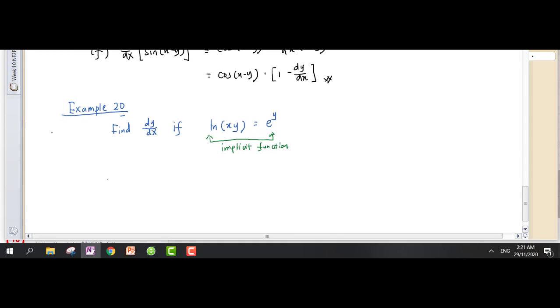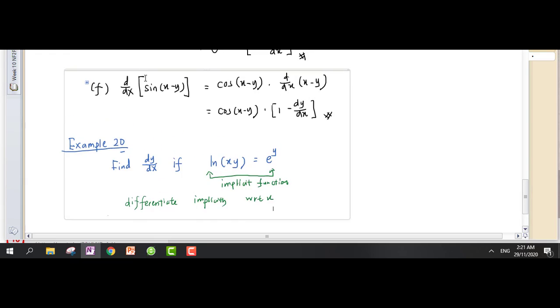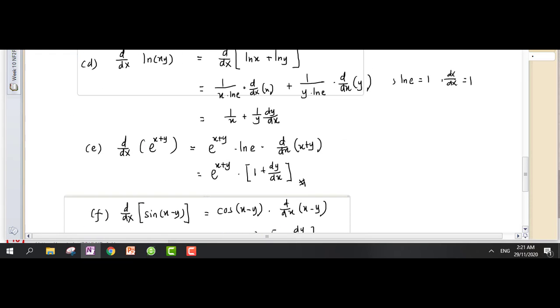Therefore we write it as: differentiate implicitly with respect to x. The left hand side, we already obtained from example 19, isn't it? What is ln(xy)? We can straight away get the answer from here, which is 1 over x plus 1 over y dy/dx, because you already simplified this first.